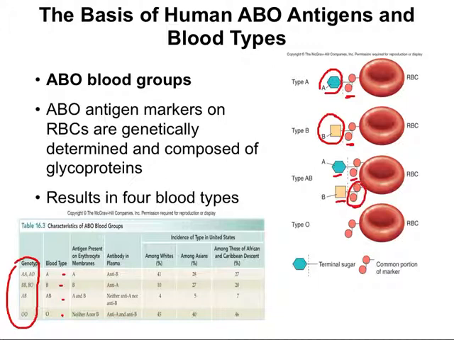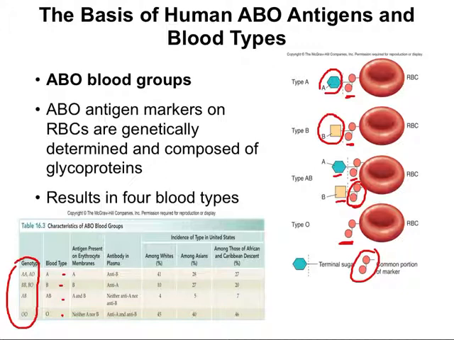However, type O blood only has the base portion of the antigen, or the common portion of the antigen. So the blood types, as you can see, are named for the dominant antigen. So A and B are both co-dominant. And so if A and B markers are on the cell, then it's type AB blood.